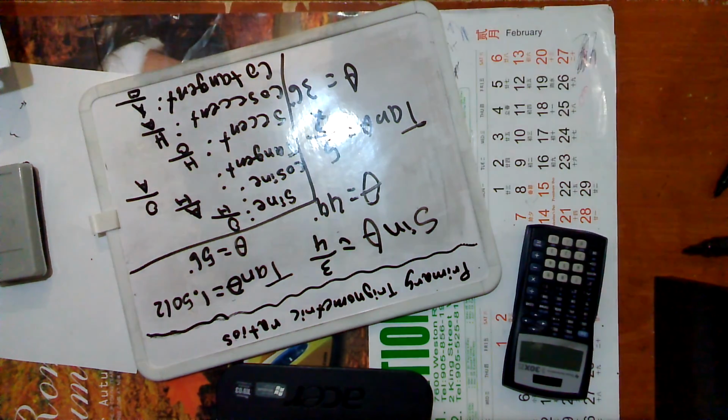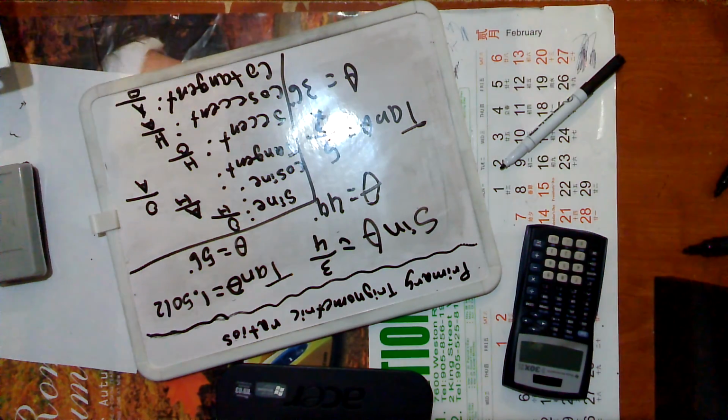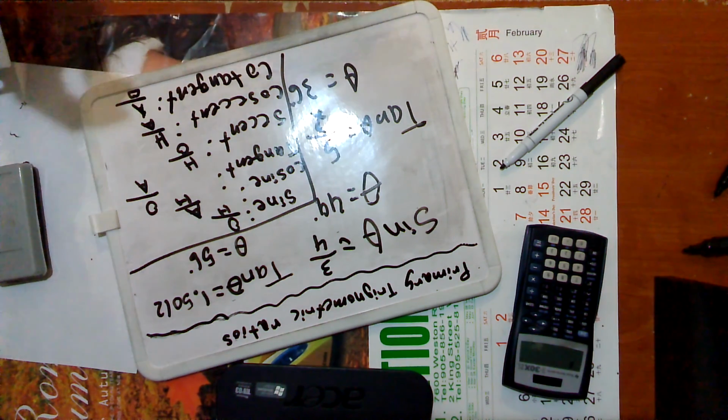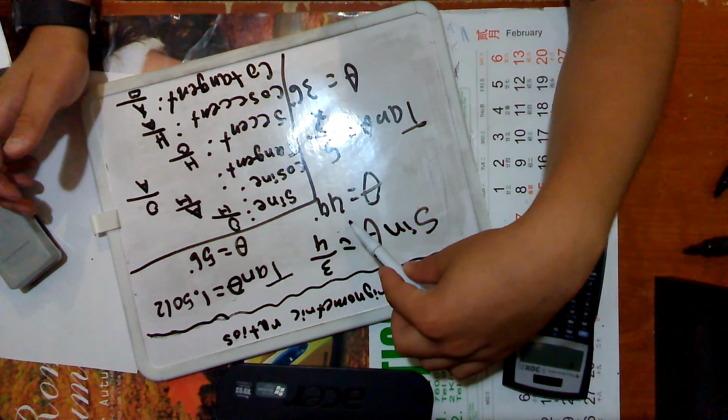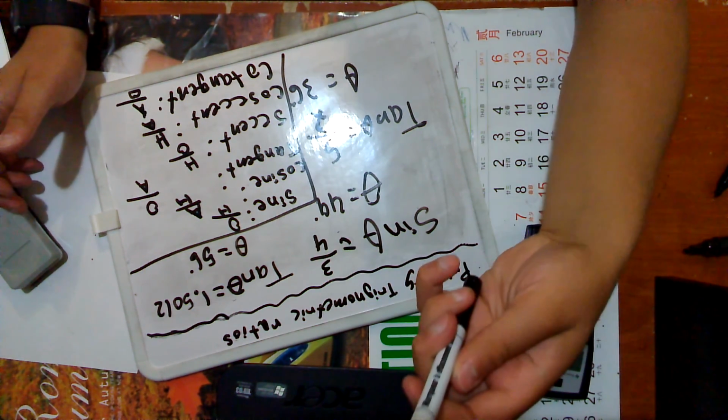So, why did I tell you this? It's a simple thing. If it tells you, for example, for this one, 3 over 4 gives you 49 degrees, what is the opposite of it? 4 over 3.